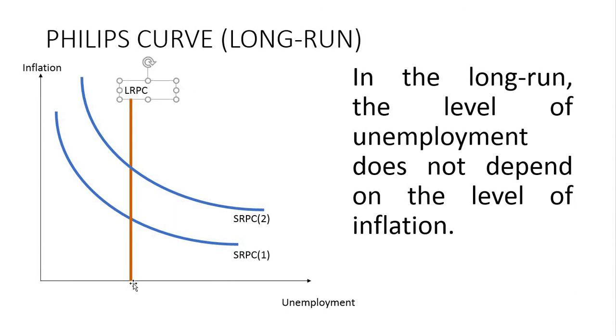Because, as I said, in the long run, unemployment is equal to the natural rate of unemployment, like GDP is equal to potential output. So what you have here at the intercept of the long-run Phillips curve and unemployment is the natural rate of unemployment.